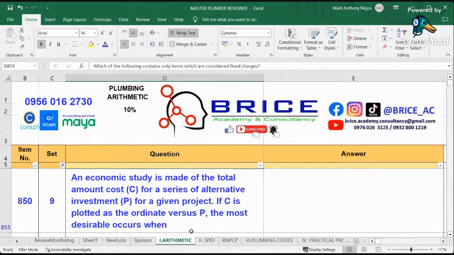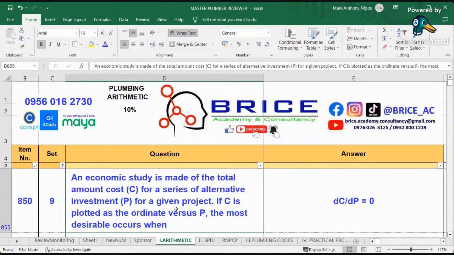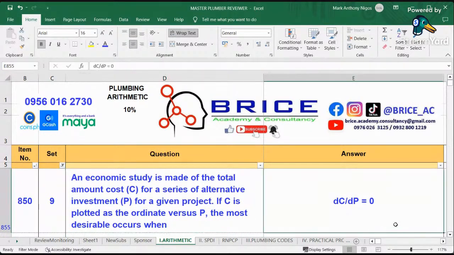If C is plotted as the ordinate versus P, the most desirable occurs when? The answer is dC over dP is equal to 0.